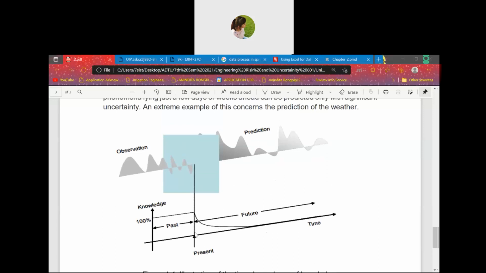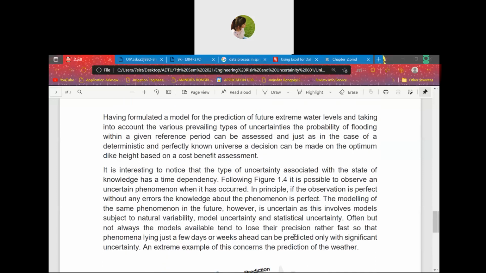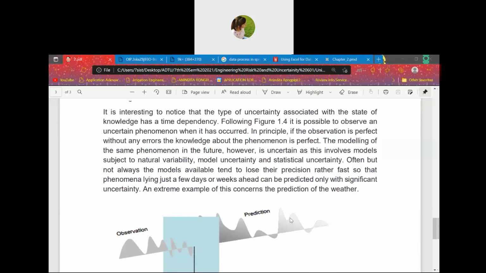Observation may be 100% in the past, but in the future, the prediction may not be 100% because the model may change and the precision may change. The models tend to lose their precision rather fast, within just a few days or weeks, depending upon the situation.